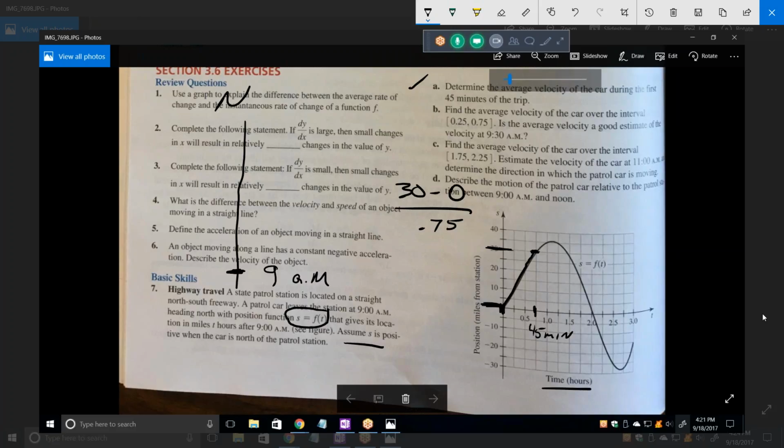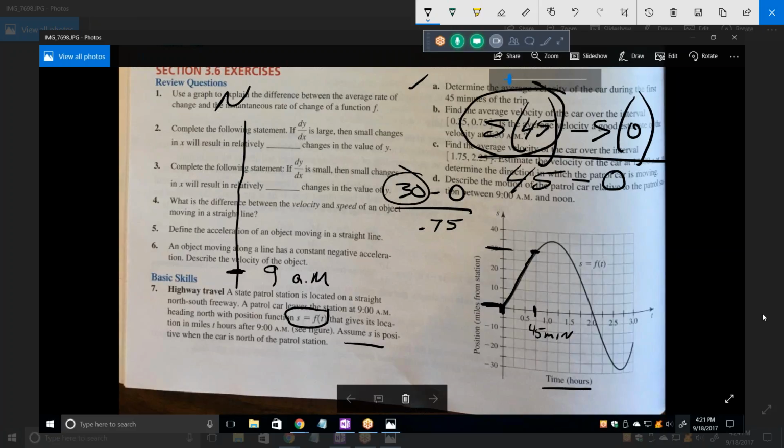So it's the position function at 45 minutes minus the position function at 0, all divided by 45 minutes minus 0. Okay, now S of 45 is 30, S of 0 is 0, and when I put everything in hours, that comes out to be 0.75. So I really have 30 divided by 3/4 of an hour.